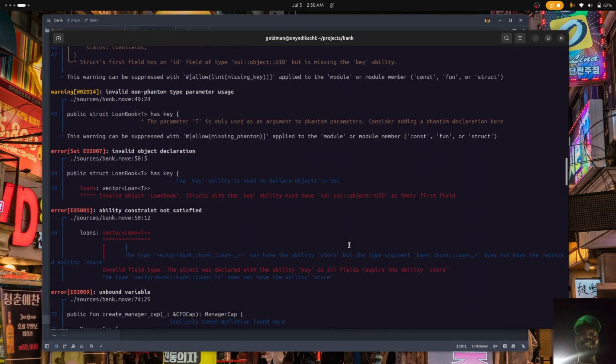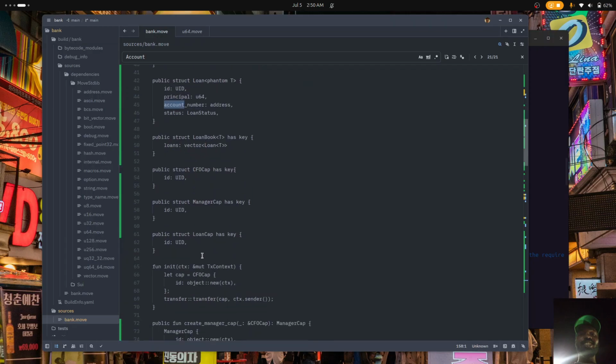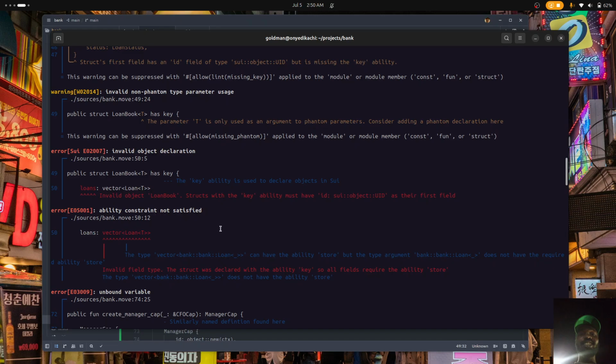Oh, cool. Then key abilities is what others.